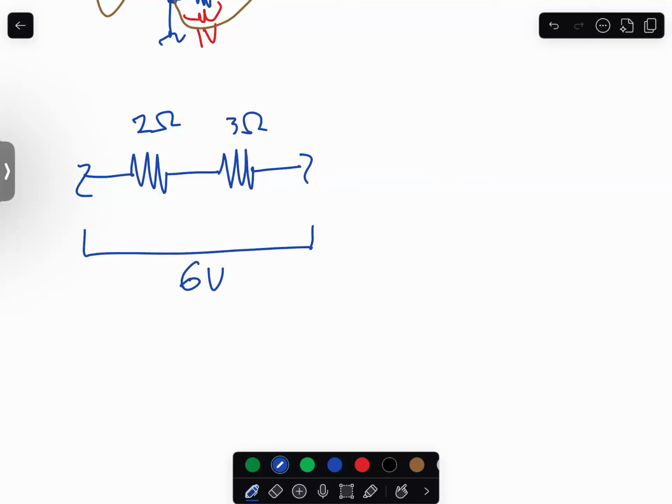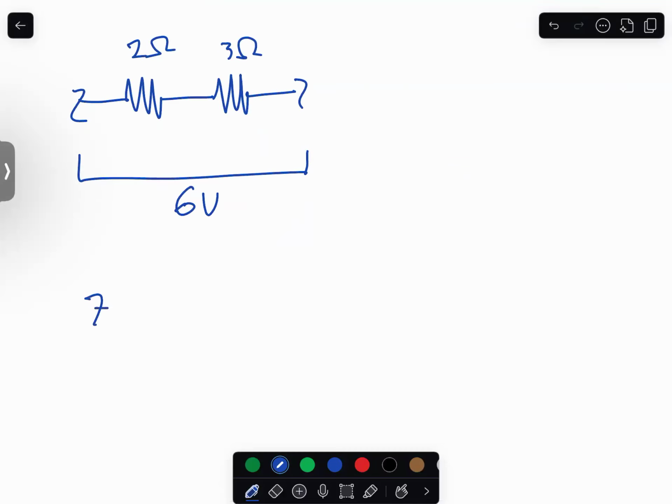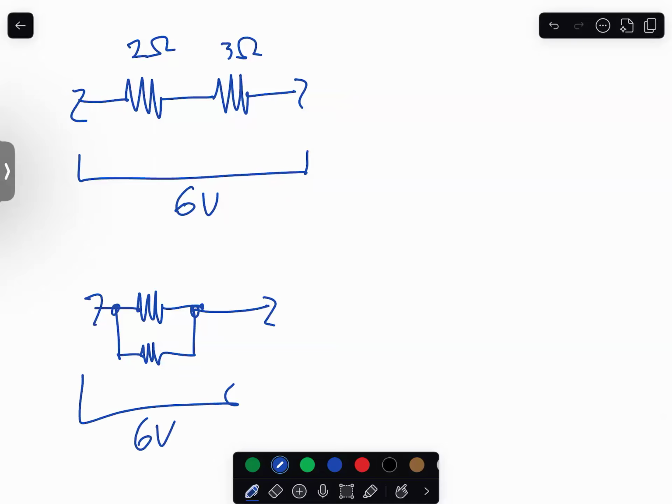I'm going to apply 6 volts of difference, put a 6-volt battery on a 2 ohm and a 3 ohm resistor like this. Now I'm going to apply 6 volts from this end to this end of the 2 ohm resistor here and the 3 ohm resistor there.